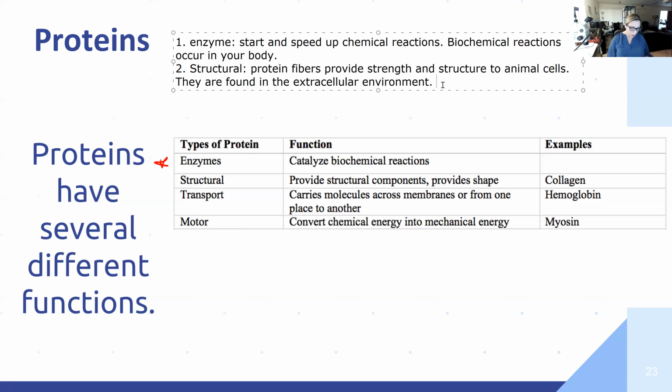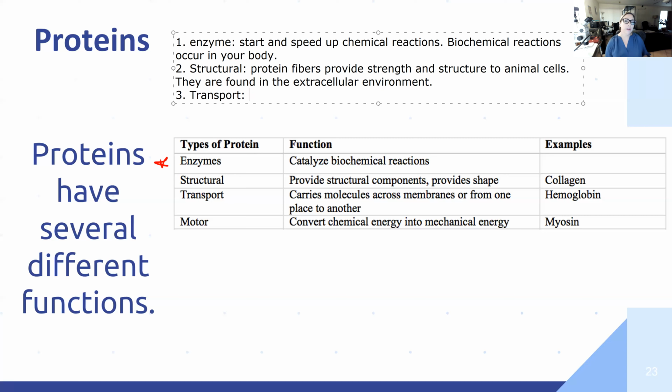Okay, next we are looking at transport. Now, a perfect example of transport is with hemoglobin. So your red blood cells have hemoglobin inside, and this hemoglobin is used to carry oxygen throughout your body.